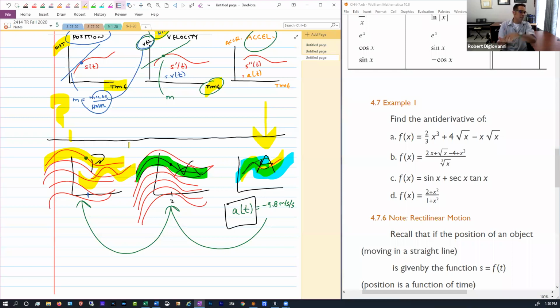But in Cal 2, when we go backwards, we start with acceleration, we go back to velocity, and we need just one piece of information about that velocity function. Then we go back to position, and you have to give me one piece of information about the position. So you need the acceleration and 2 points, one on the velocity function and one on the position function. If I have that, I'm in business.